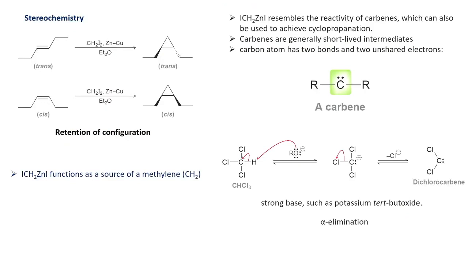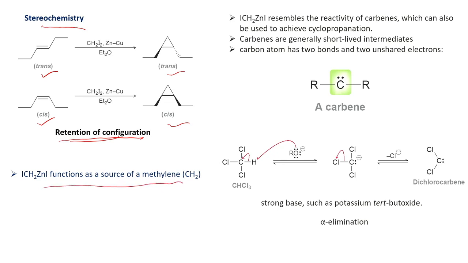And regarding stereochemistry, it will remain the same. There will not be any inversion of configuration, but there will be retention of configuration. So in the reactant there is trans, in the product there will be trans. In the reactant there is cis, in the product there will be cis. So you see your Simmons-Smith reagent functions as a methylene donor.